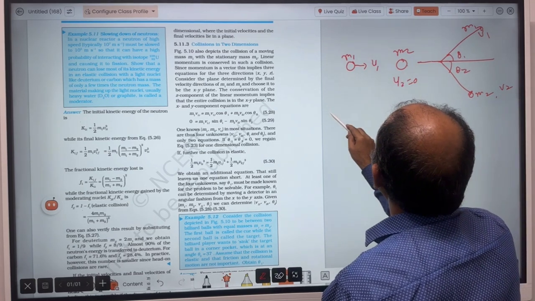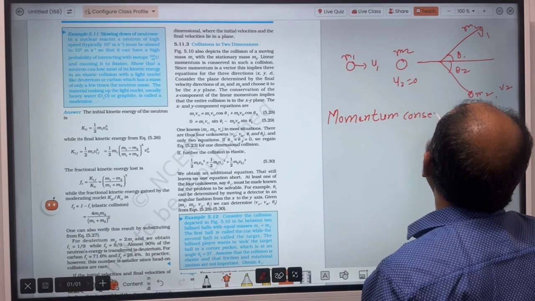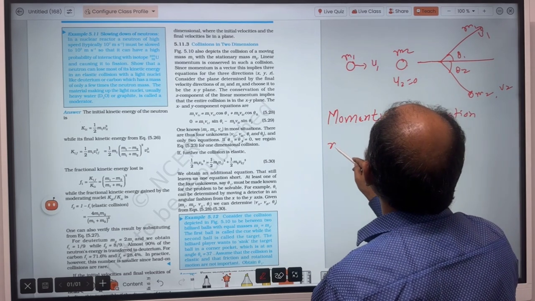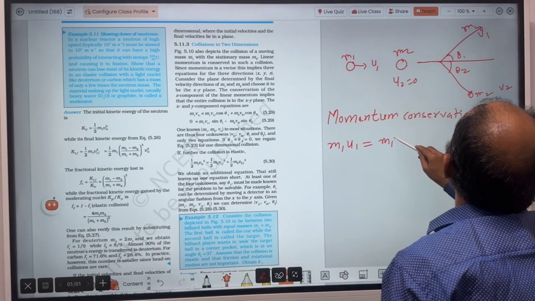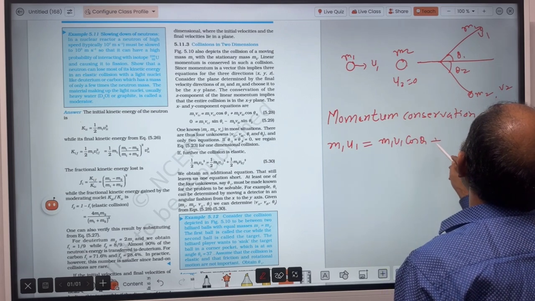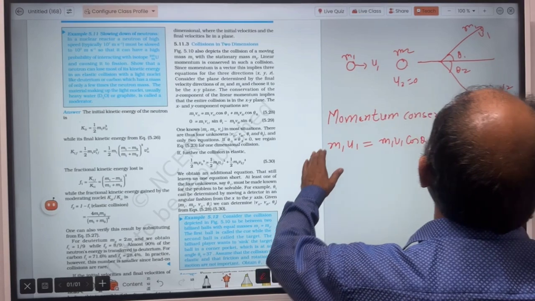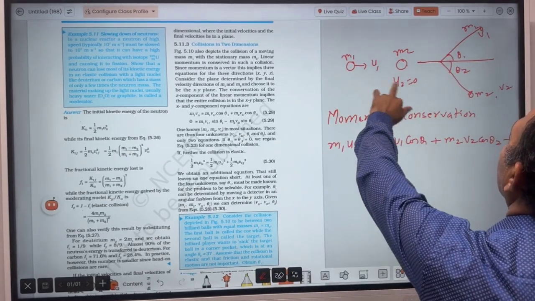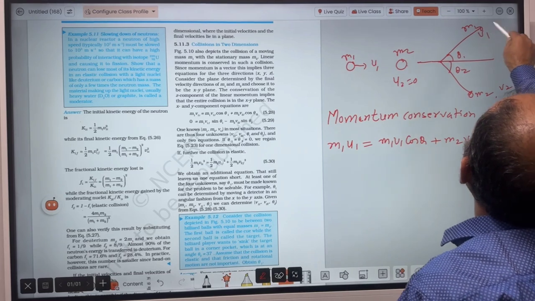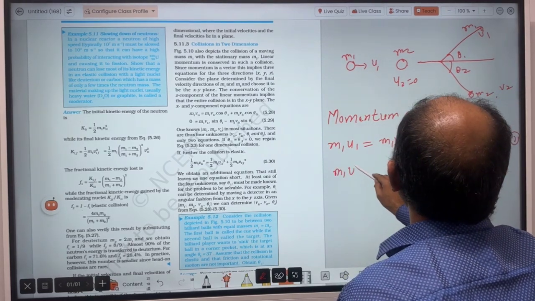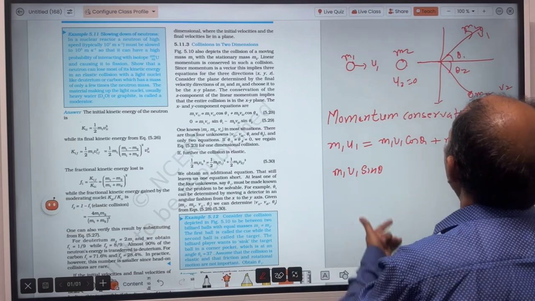So momentum conservation gives m1 u1 equal to, only components along the x-axis should be considered, m1 v1 cos theta 1 plus m2 v2 cos theta 2. This is equation number 1.